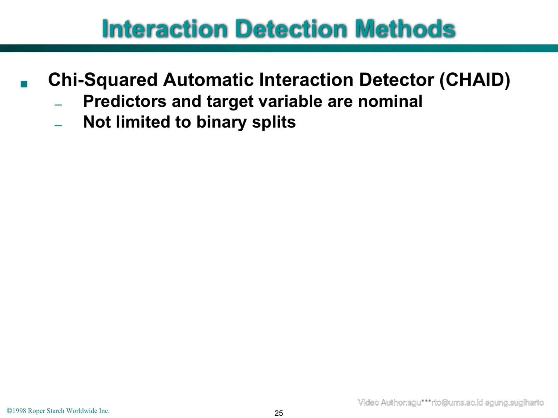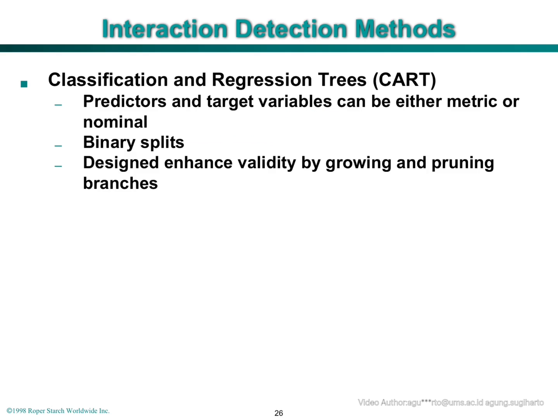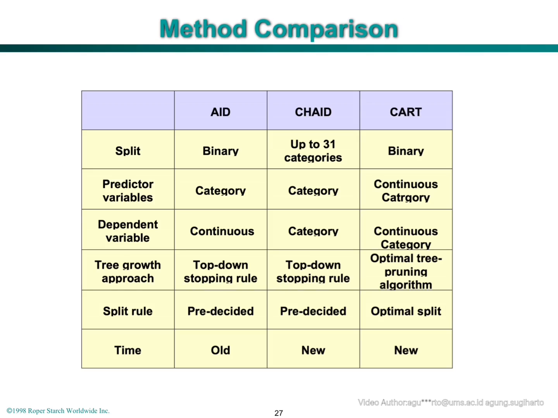And we can use Chi-square automatic interaction detector, CHAID, where predictor and target variable are nominal, not limited to binary split. This is the statistical technique. Classification and regression tree, CART, for predictor and target variable. Okay, that is the method for segmentation.